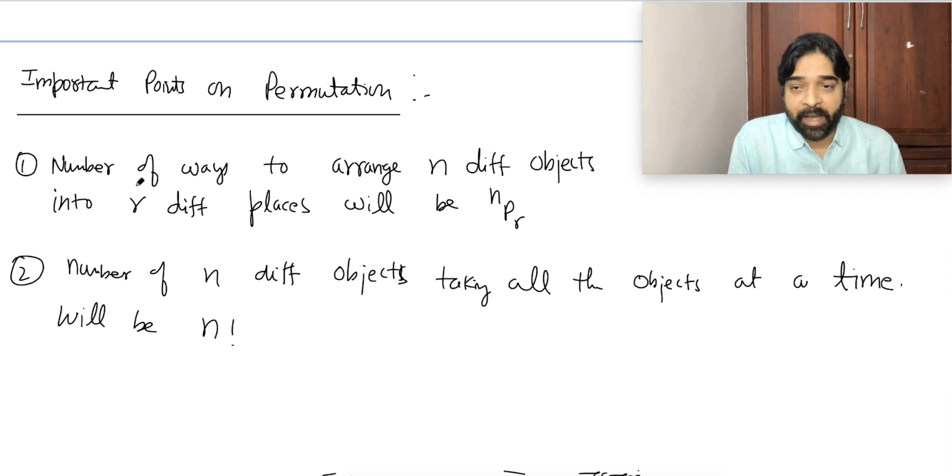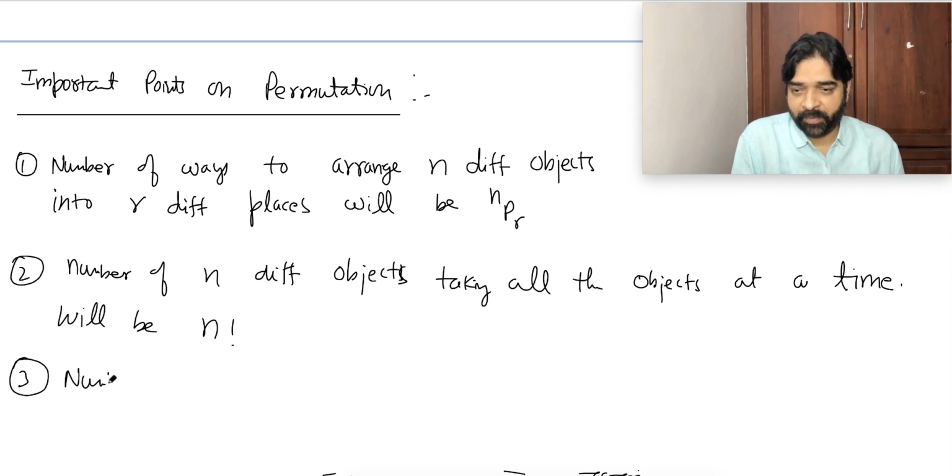Be clear, every time I am mentioning n different objects, this is valid only for n different objects. And if repetition is not mentioned, you have to assume it's not allowed.